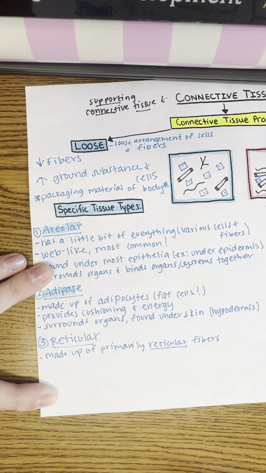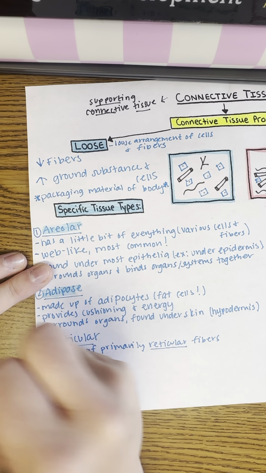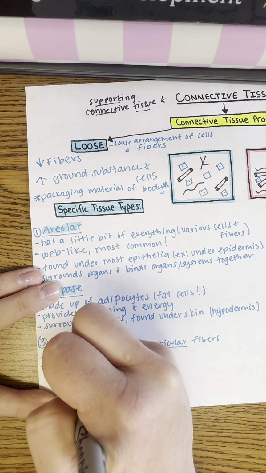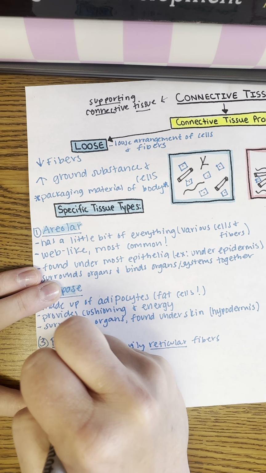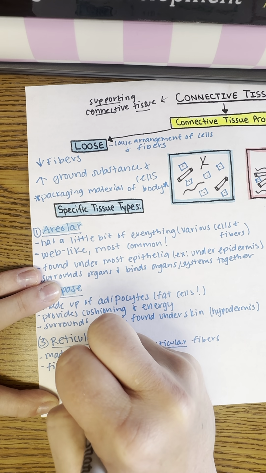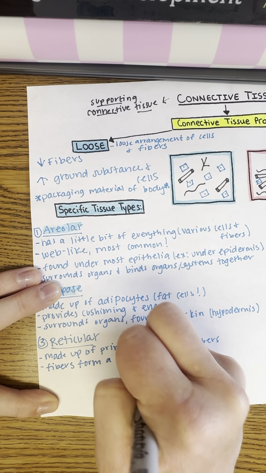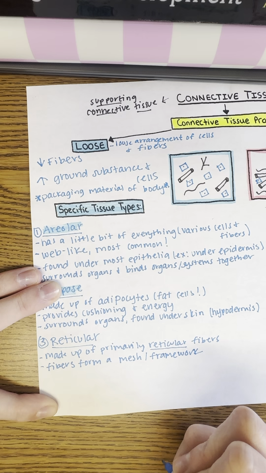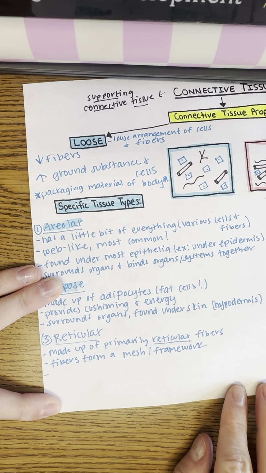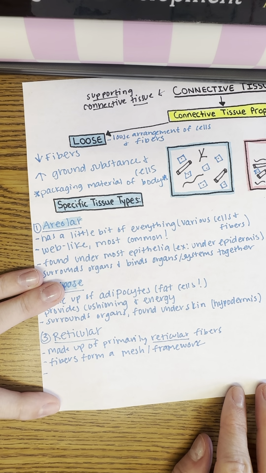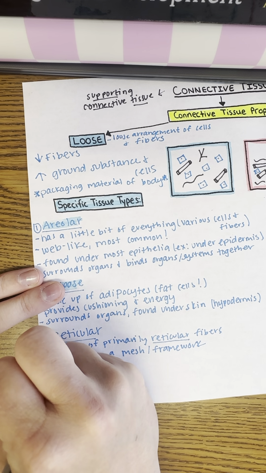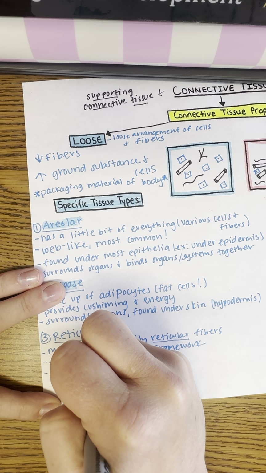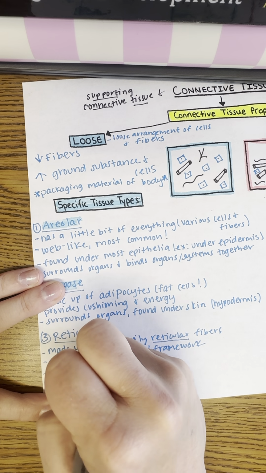Reticular fibers for the reticular tissue. Those reticular fibers form like a mesh or a framework. All right, where are we going to find this particular type of tissue? It makes up predominantly the immune or lymphatic organs.